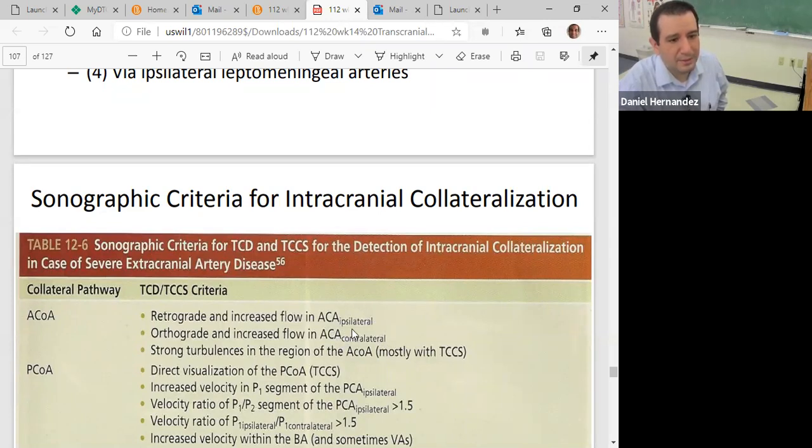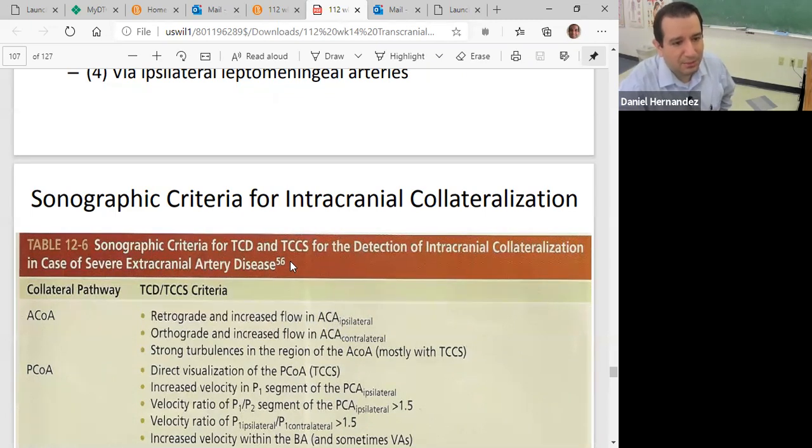If we have a right ICA occlusion, we'll see retrograde flow in the same side, or ipsilateral, anterior cerebral artery.